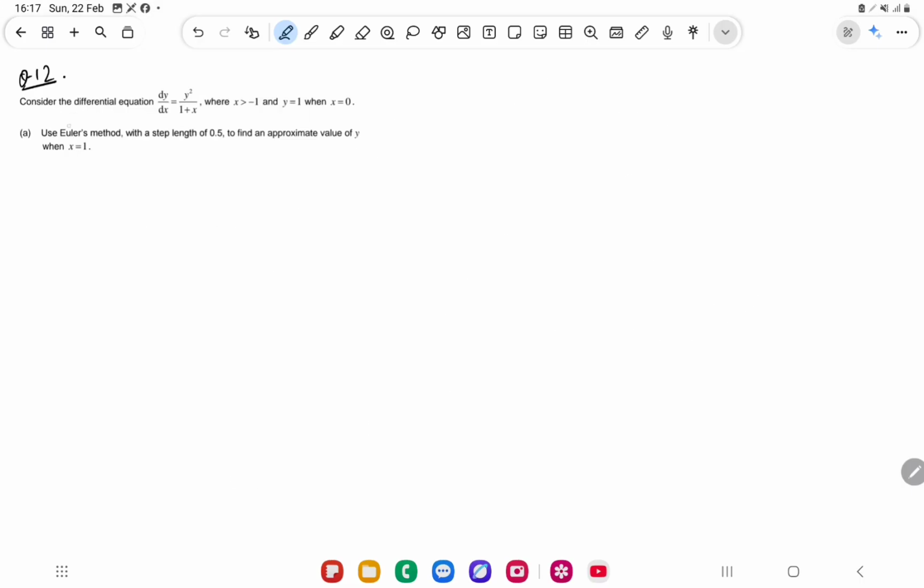Now in this question we have to consider the differential equation this, where x is greater than minus 1 and y is 1 when x is 0. We have to use the Euler method with a step size h equal to 0.5, and approximate the value of y when x is equal to 1. So you will use your formula booklet to write this value, which is h times f of x_n and y_n.